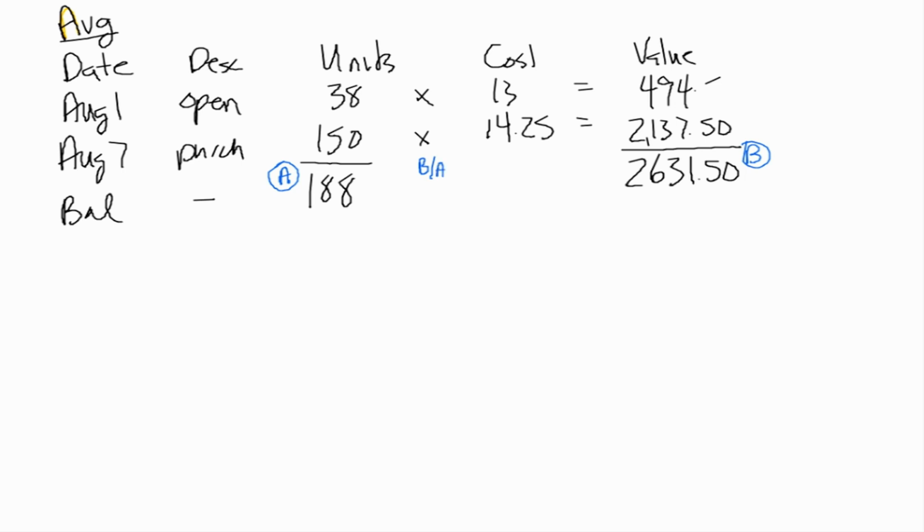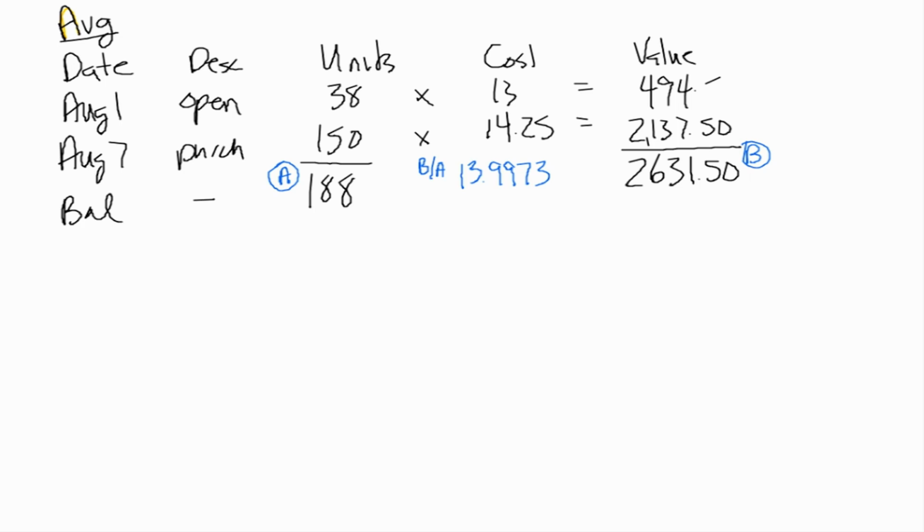So the average cost of the inventory is $13.9973. So all I did was I took the $2,631.50 and divided it by 188. Now I take it to 4 decimal places because it reduces the rounding error. All right? So that's a calculated number.